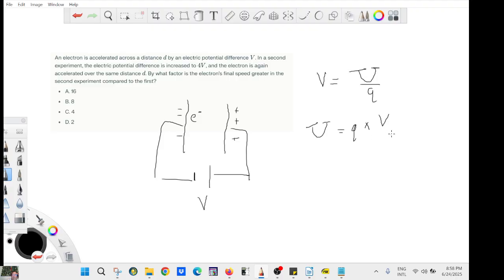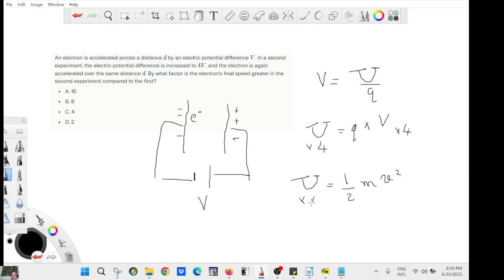If you multiply the potential by 4, the electric potential energy will be multiplied by 4. That potential energy that it has is going to be lost, and it's going to turn into kinetic energy. I'm supposing here that it starts from rest. So all that potential energy turns into kinetic energy.